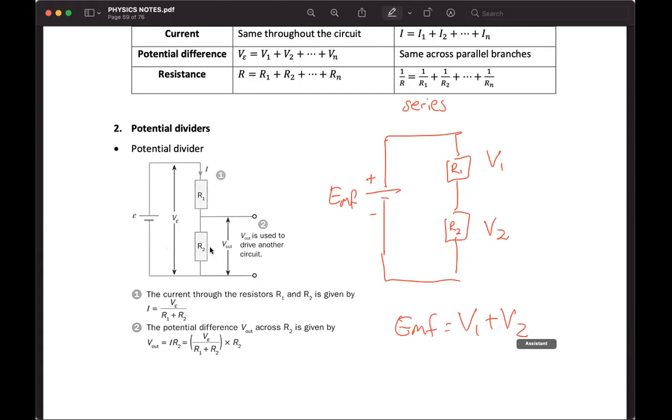Basically this is the formula. So the EMF of the battery is equal to the potential difference V1 plus the potential difference V2. If you understand this, give me a thumbs up.